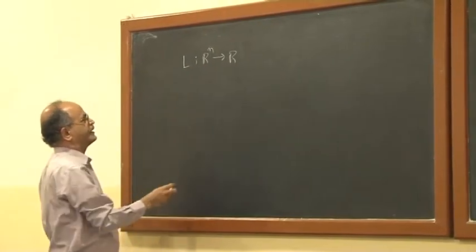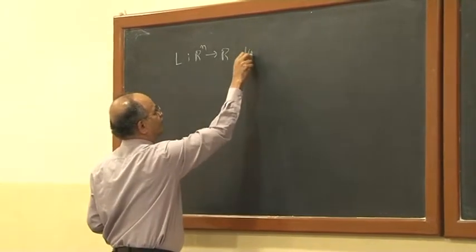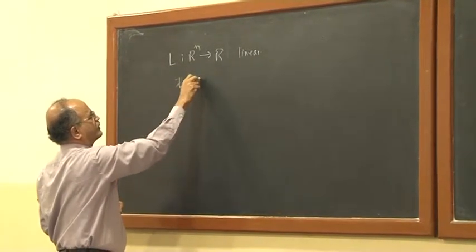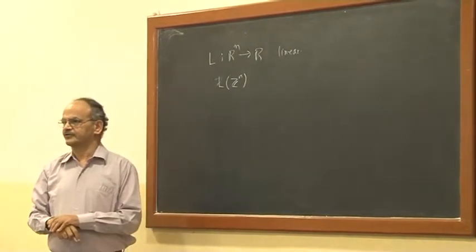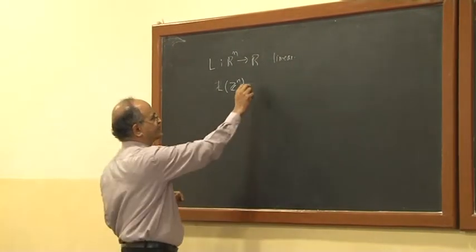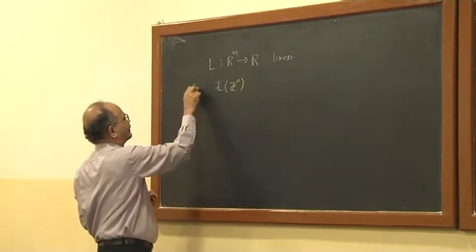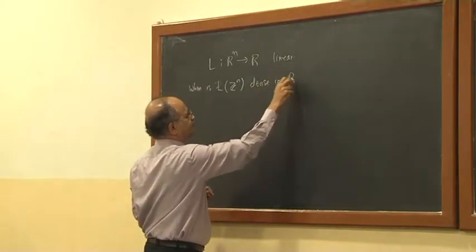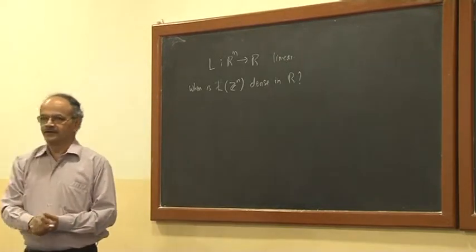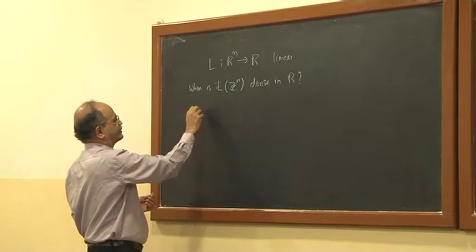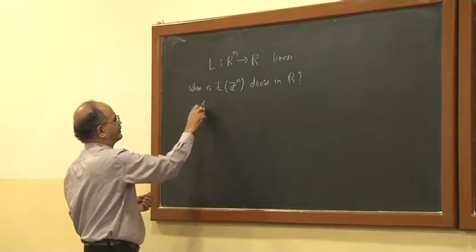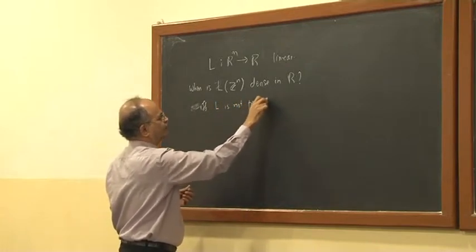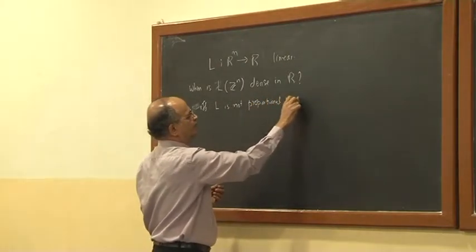Say, a linear form, and we want to look at its values on the set of integers, and we want to know when is it dense in R. Now, all of you know that the answer is that it is dense if and only if L is not proportional to a rational form.